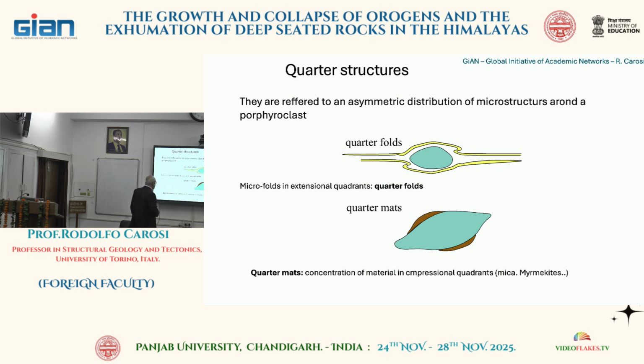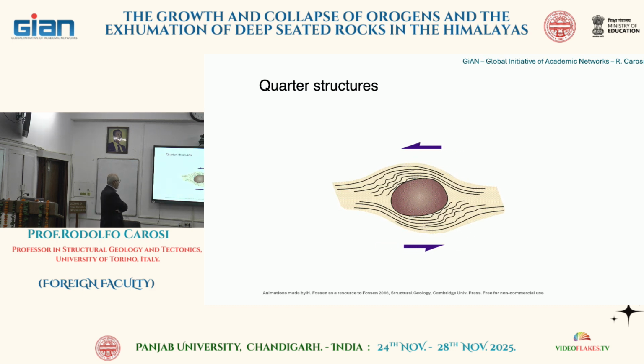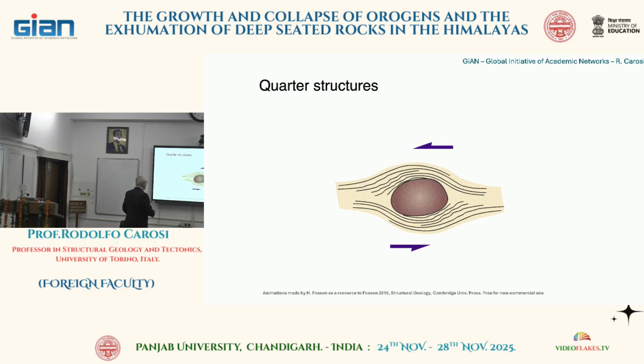And there are also mantles that are made by compression in this part of the porphyroclast in the compressional quadrants. You can observe sometimes accumulation of mica or myrmekites in this part. Okay, this shows us how asymmetric folds, quadrant folds are developing.